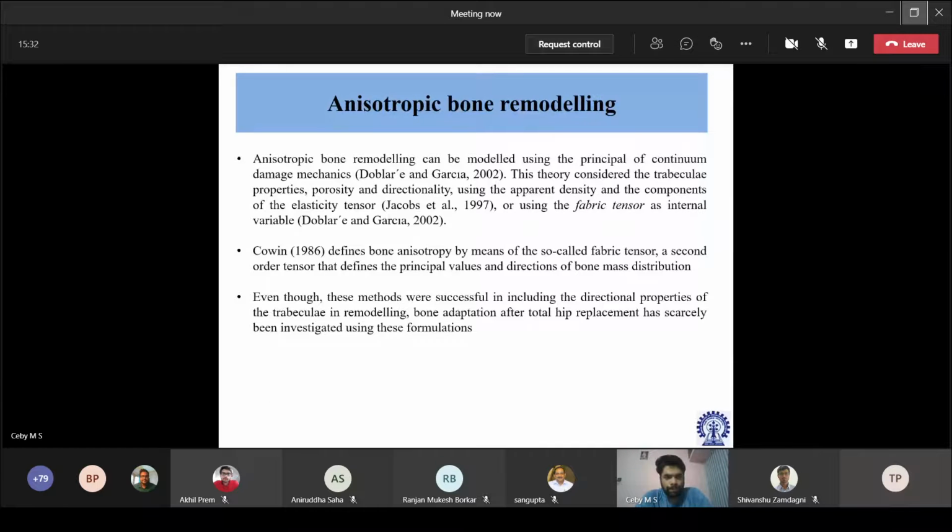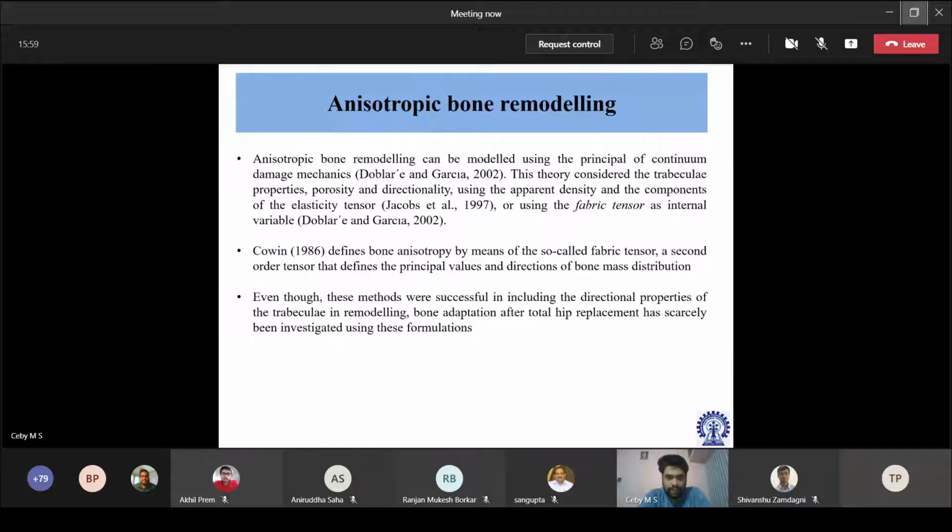So in anisotropic bone remodeling, initially we assume the material as isotropic, and in the following remodeling process we get the orientation or directions, and we vary the material property accordingly.